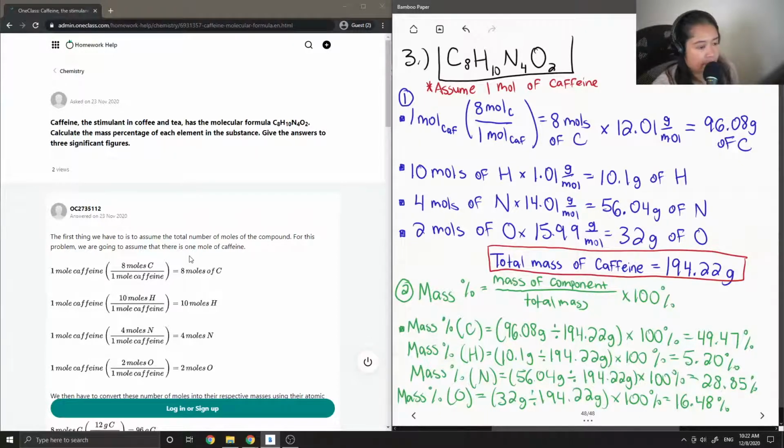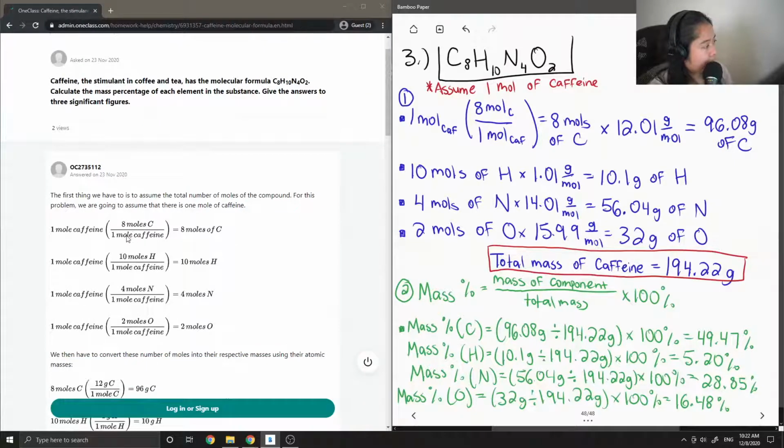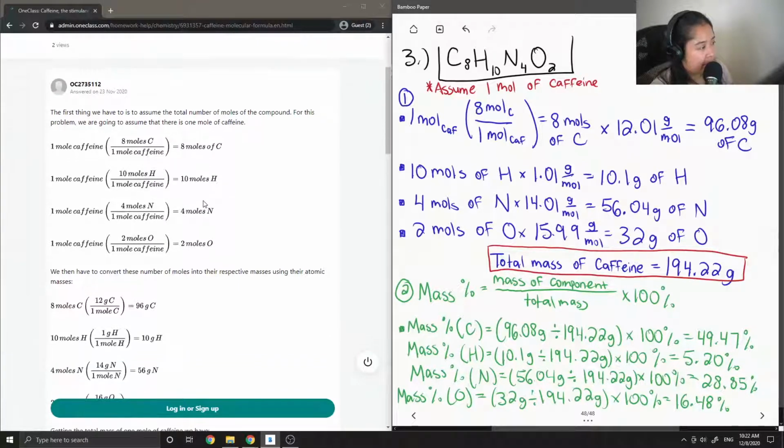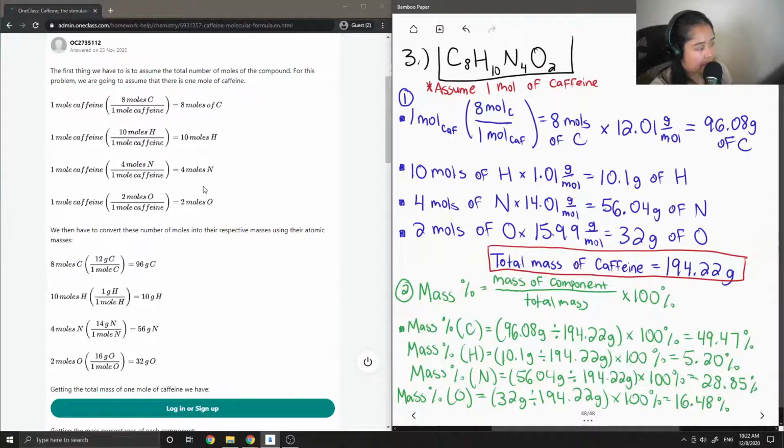So let's see what the junior tutor said. First thing we have to do is to assume the total number of moles of the compound. For this problem, we are going to assume that there is 1 mole of caffeine. Okay, so they showed how they got 8 moles of carbon, 10 moles of hydrogen, 4 moles of nitrogen, 2 moles of oxygen.